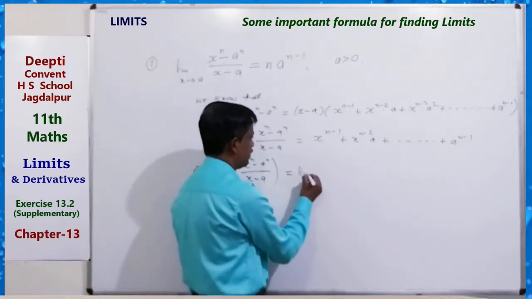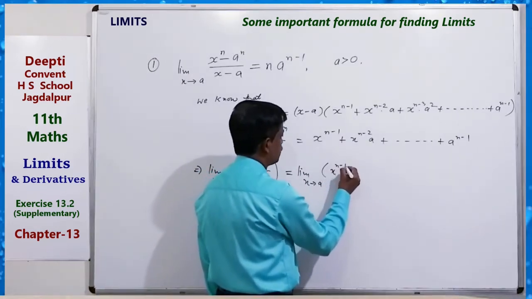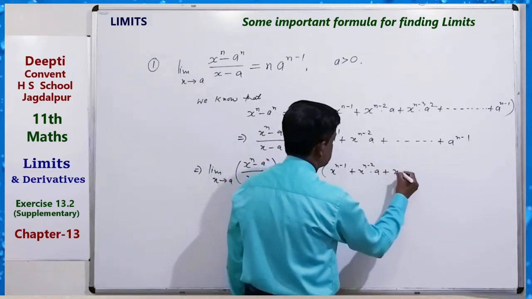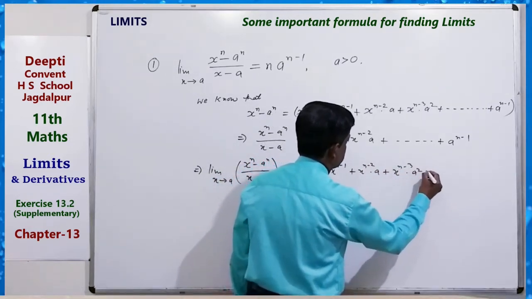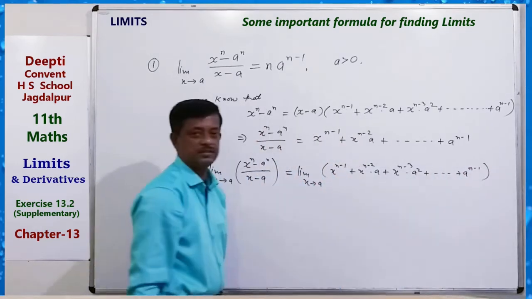So limit x tending to a of x to the power n minus 1 plus x to the power n minus 2 into a plus x to the power n minus 3 into a square plus, and so on up to a to the power n minus 1, just like this.